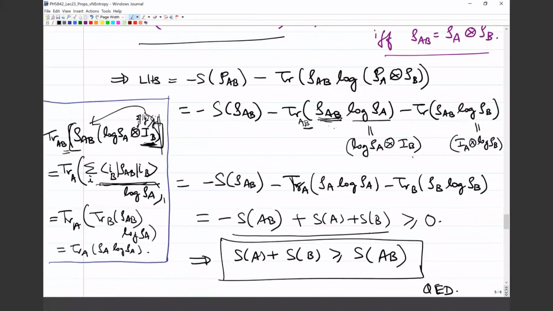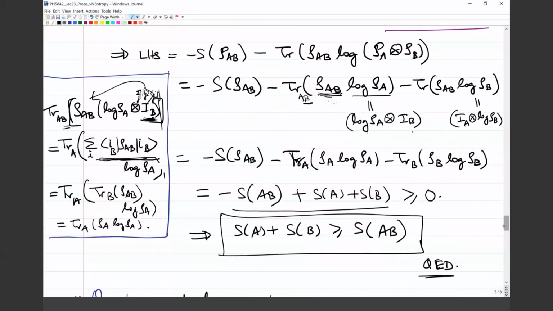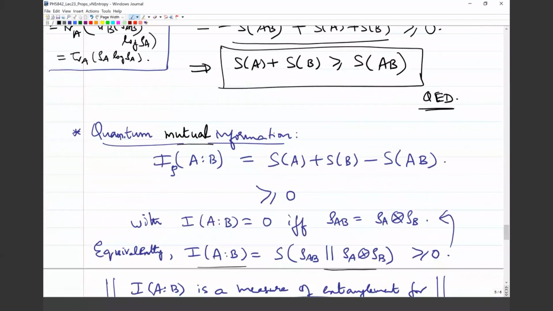By a sequence of steps, I started with the relative entropy between rho AB and rho A tensor rho B, just by doing the same marginal trick, right? I showed that the left-hand side is nothing but minus SAB plus SA plus SB. And that's exactly the mutual information.